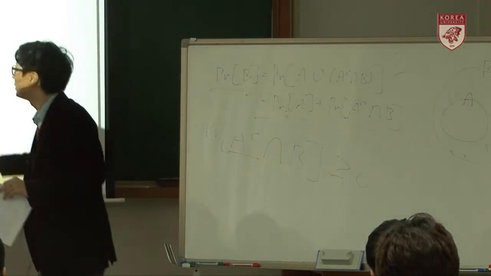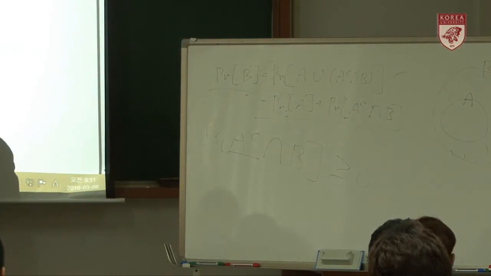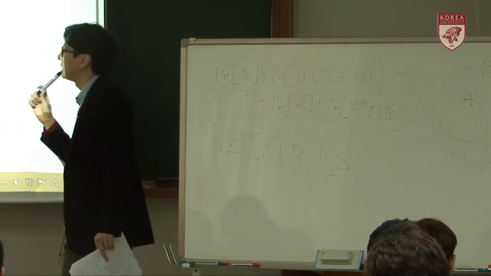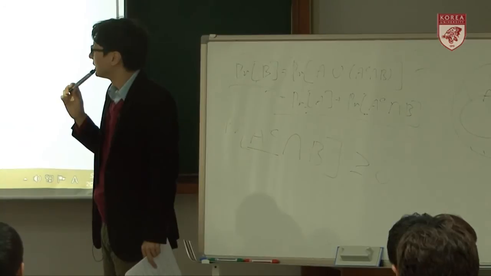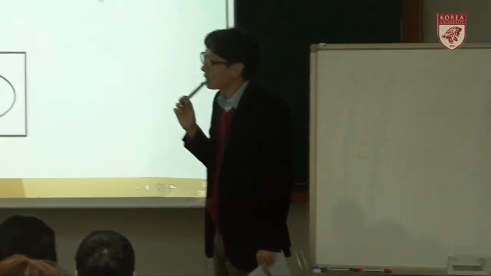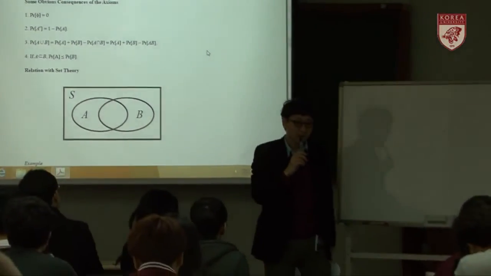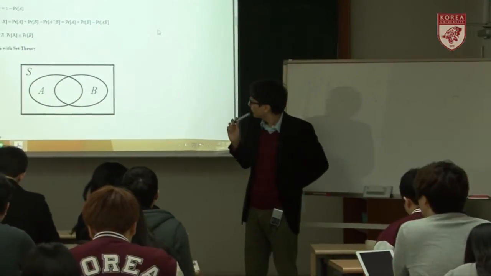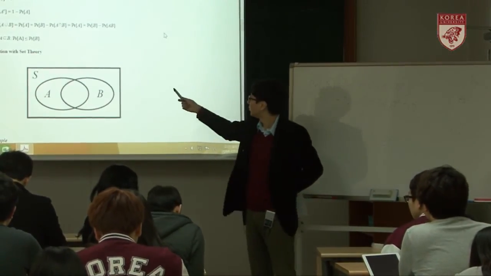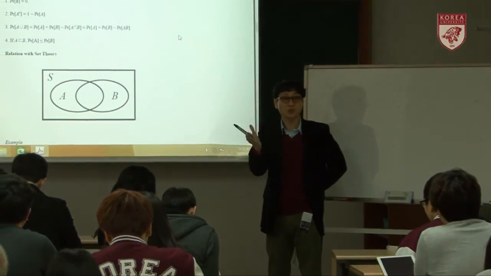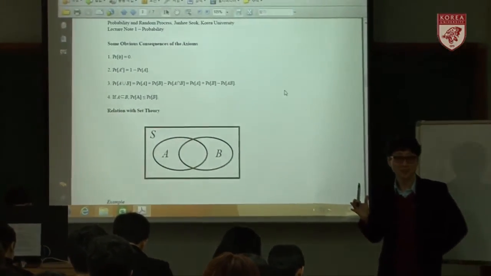Okay, so basically you can easily prove all of this, the obvious consequence of these probability axioms. So as you see, this probability theory has very strong relations with set theories. They are almost similar, very similar, right?